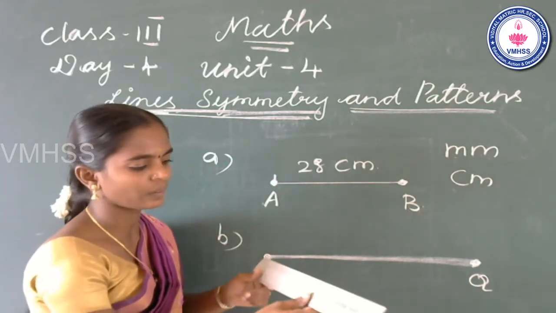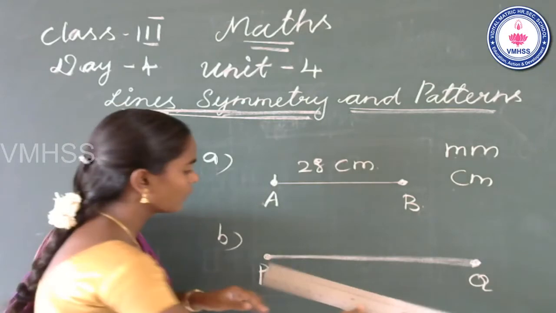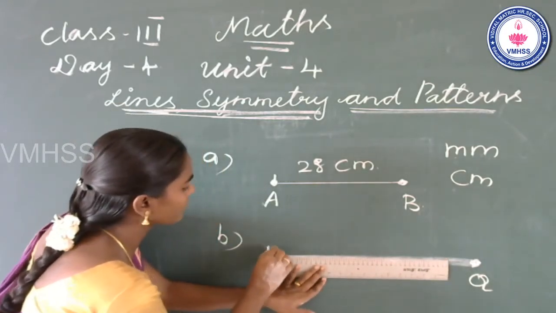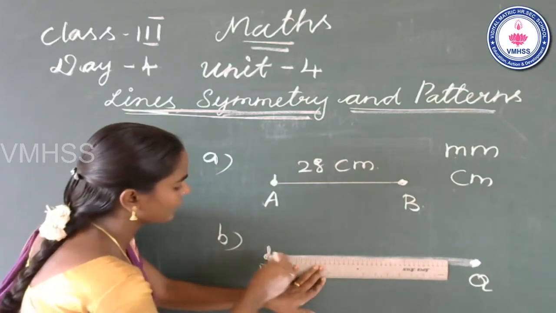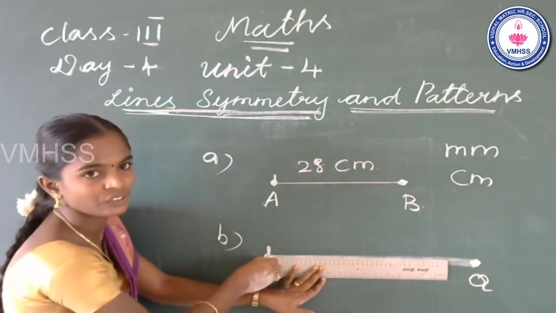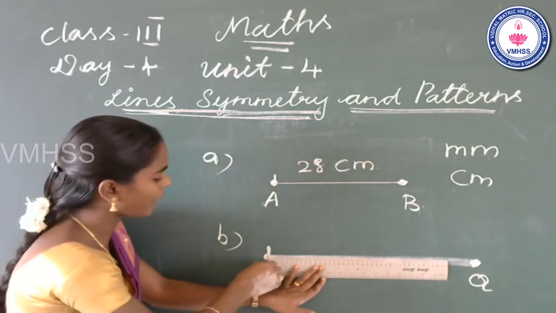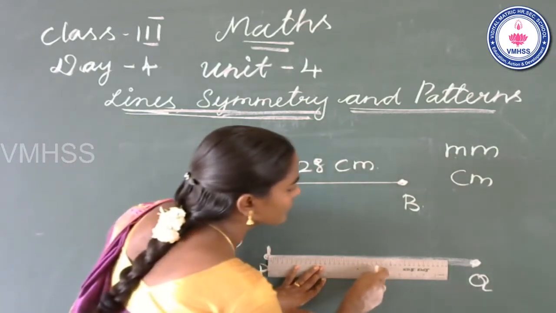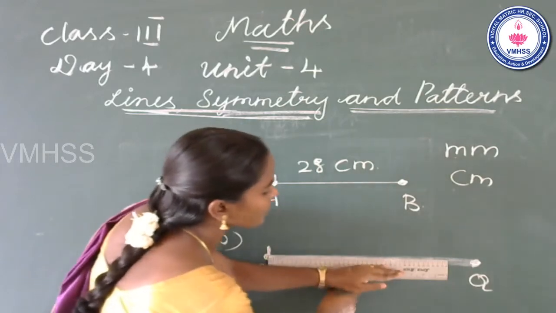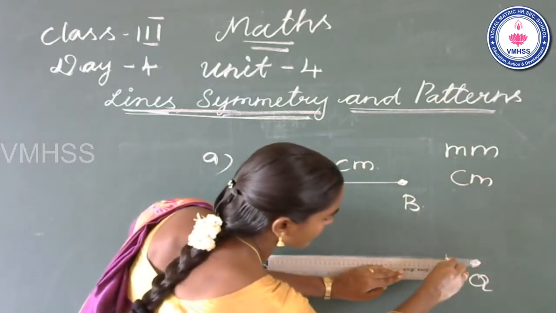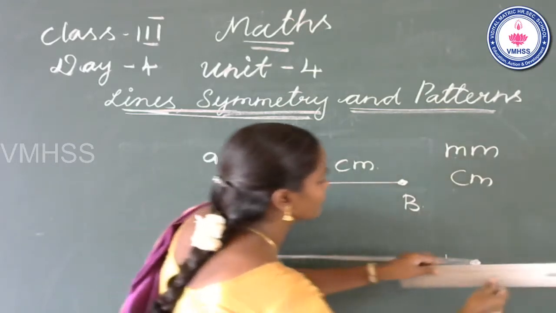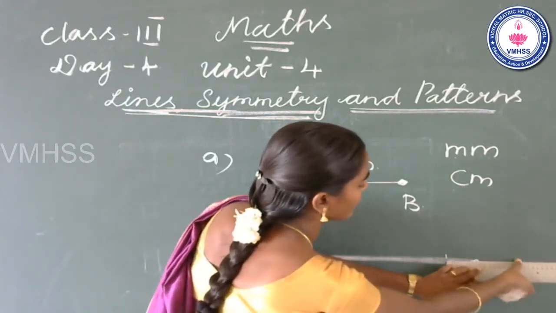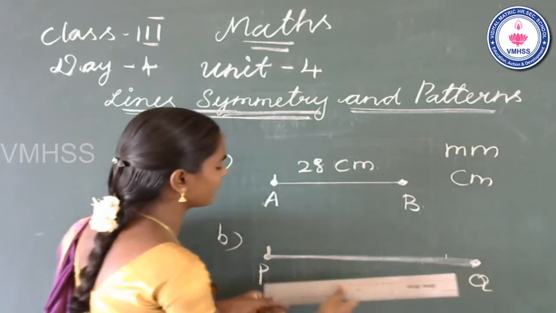First we take the ruler and keep the 0 at point P. Next, at the ending point, it is 38 centimeter. Next, the balance is 6 centimeter.